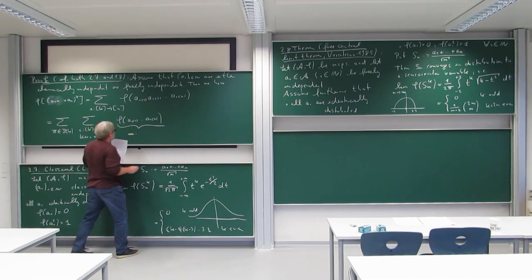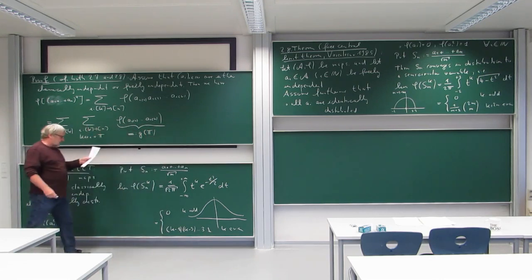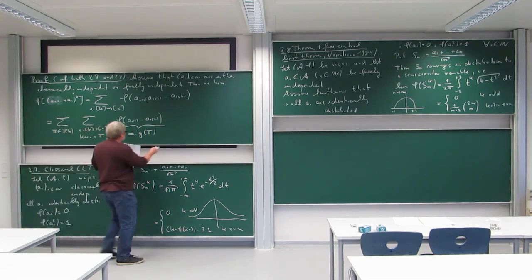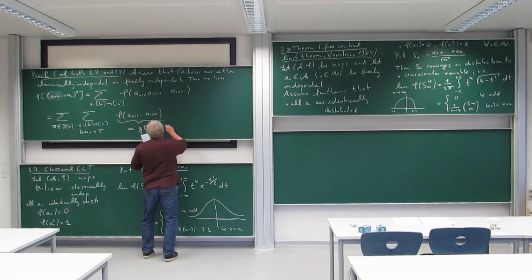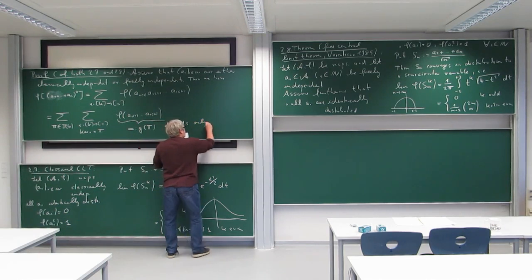I'm claiming that this is only depending on π. So it's a function of π, that we write g of π. The crucial observation is that this depends only on π.